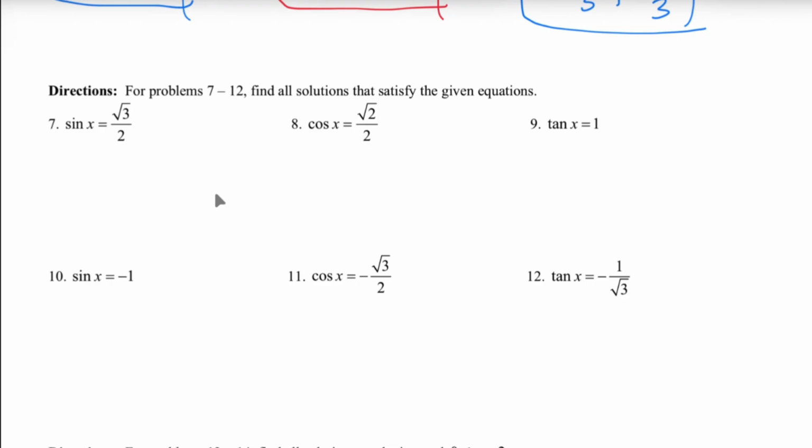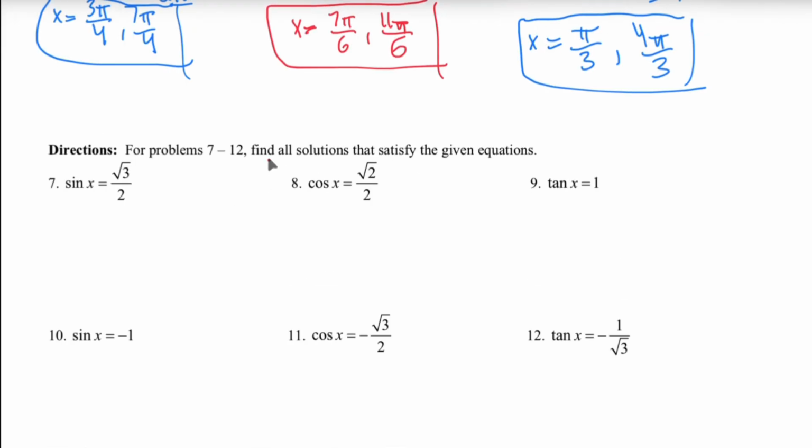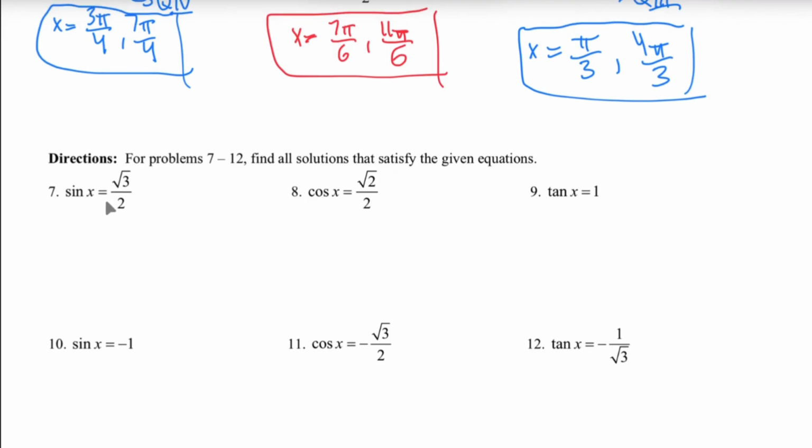Now this part, we're basically doing the same thing, but find all solutions. So that means we have to add plus the period times k to our answer. So let's say for this one, I'm going to draw another one here.